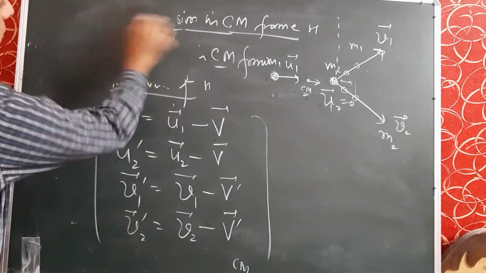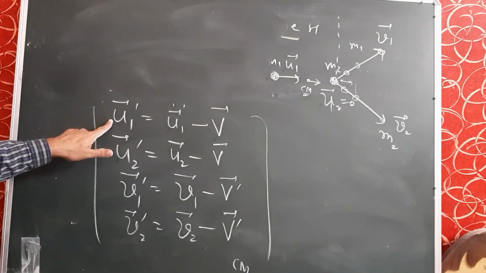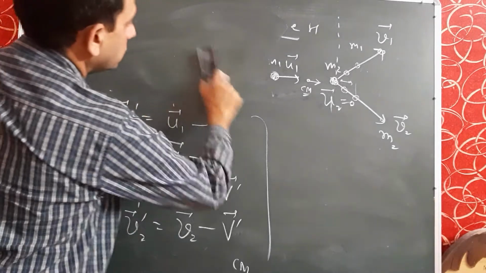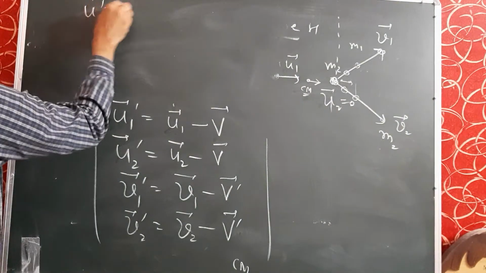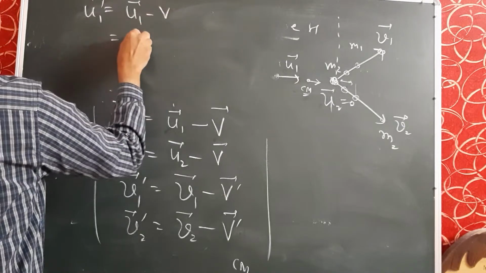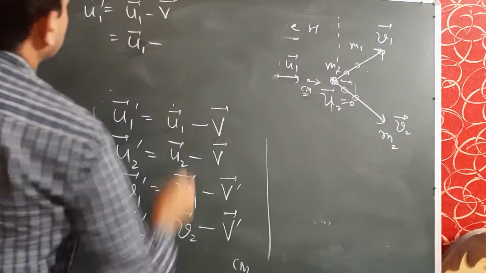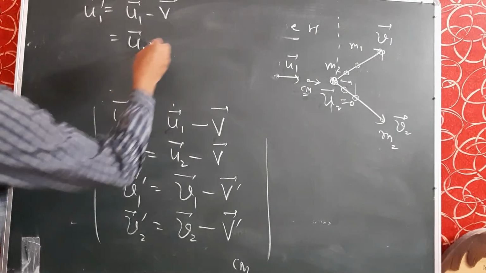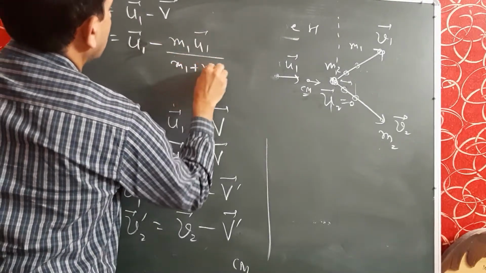So we may find the expression for u1 dash. What is u1 dash? It is equal to u1 minus v. And what is v? We have already proved v is m1 u1 over m1 plus m2.